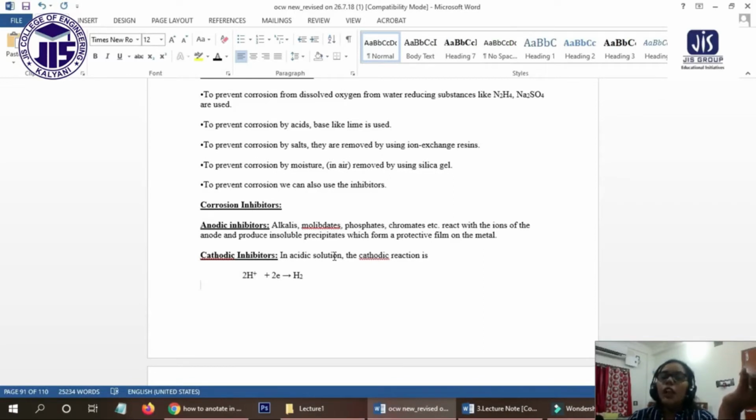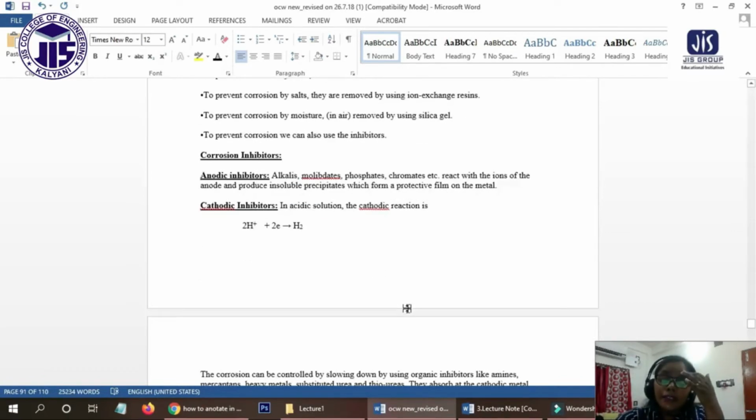And for the cathodic inhibitor, in the cathode generally we have the acid condition reaction and neutral condition reaction. Now the acid condition reaction can be stopped by using a base, because a base can remove that acid, right? So some of the bases are cathodic inhibitors.